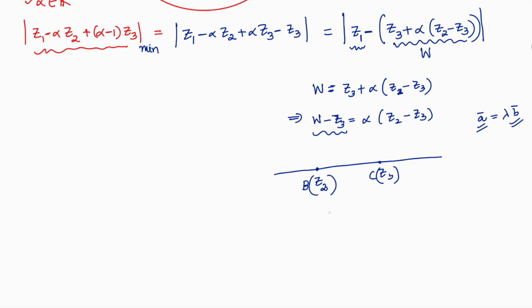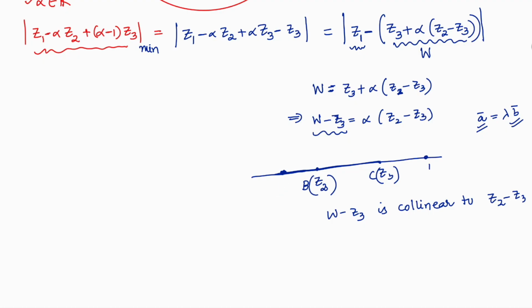So the vector w minus z3 is collinear to the vector z2 minus z3, times alpha. So z2 minus z3 is a vector like this. Where should I take w, so that the vector w minus z3 will be collinear to z2 minus z3? I'll take w here. So now w minus z3 will be in this direction, and z2 minus z3 is in this direction. They are collinear.